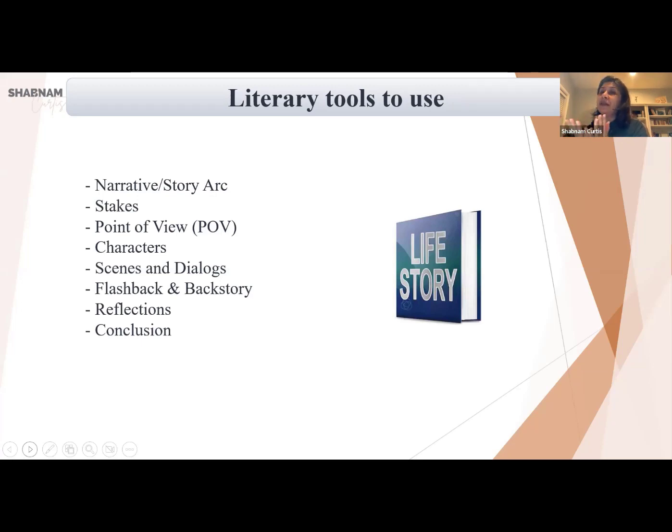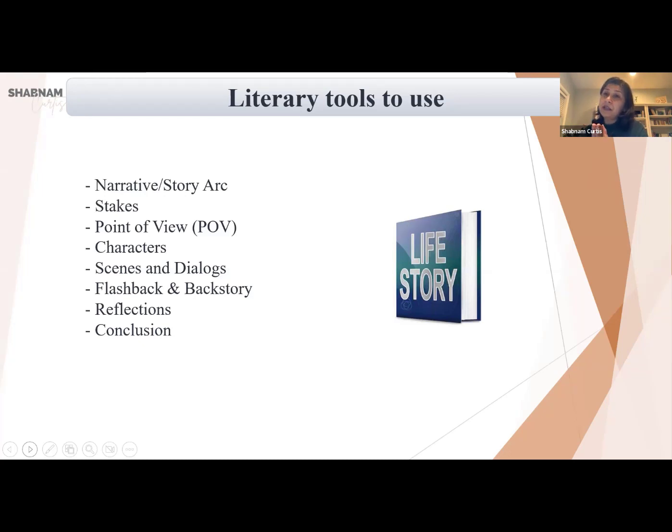So the very first literary tool that we can use in order to bring our story to life is the narrative. To see what it was, what happened, what was the climax, and what was the resolution. And then we want to make sure that we capture all the stakes in our memoir. We want to have a point of view that is consistent in our storytelling.